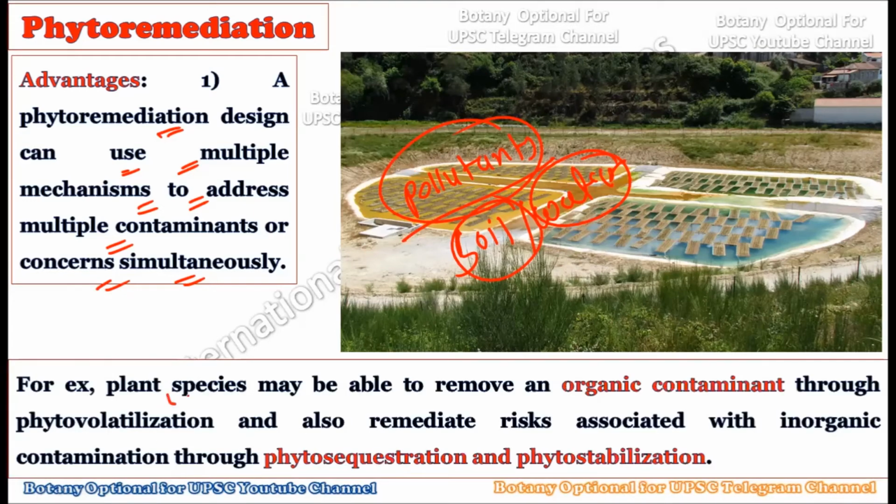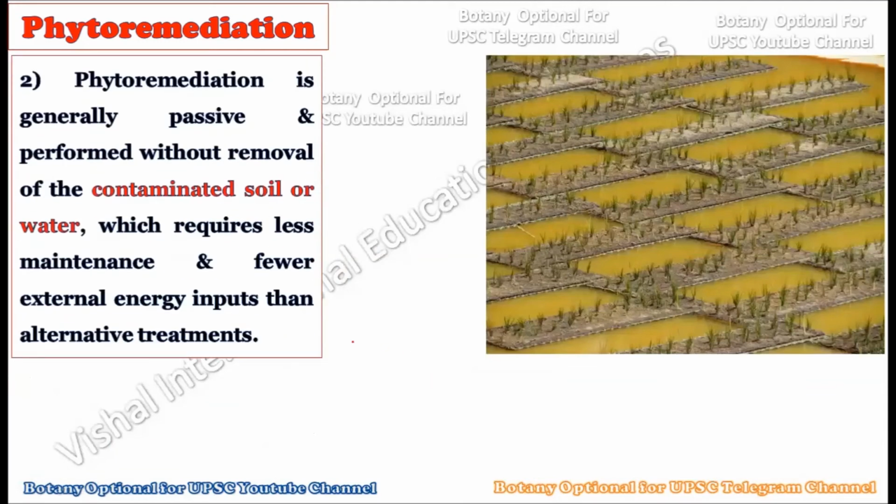For example, a plant species may be able to remove organic contaminants through phytovolatilization, and also remove the risk associated with inorganic contaminants through phytosequestration or phytostabilization. That is, we can use phytovolatilization, phytosequestration or phytostabilization according to our need. According to that, these different methods can be applied to different places, and hence this flexibility shown by phytoremediation is a great advantage.